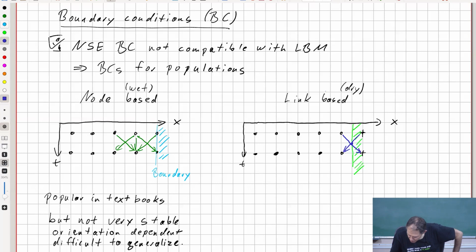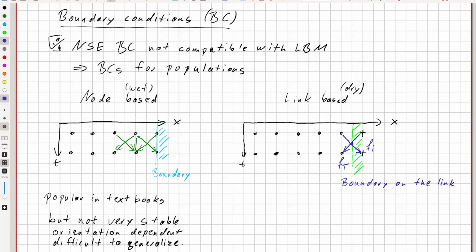We'll assume that the one that is going out is called f_i and the one that is coming in is f_{-i}. And here we put the boundary on the link. And this would usually imply that it is halfway in between, halfway between two nodes.